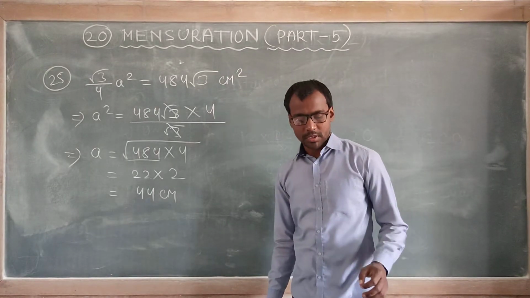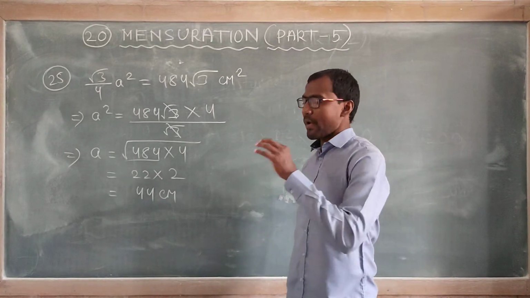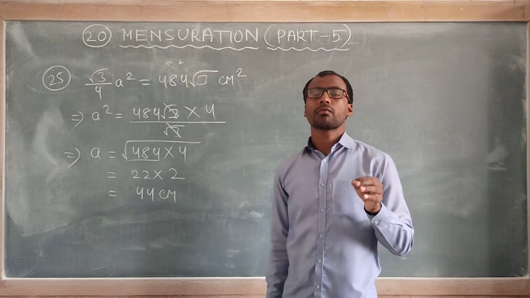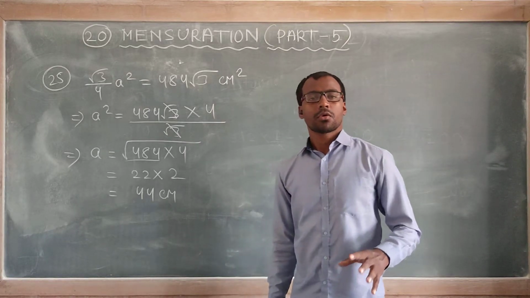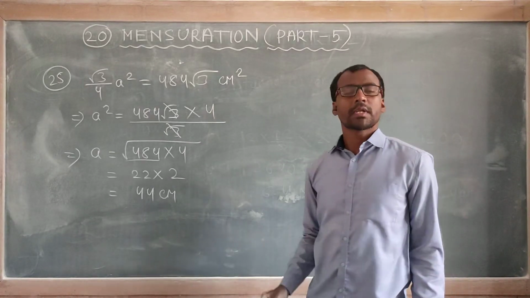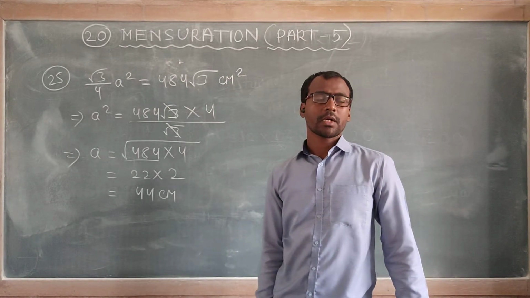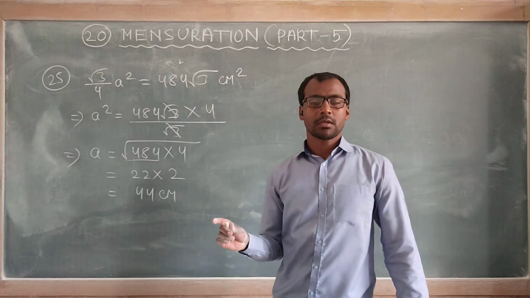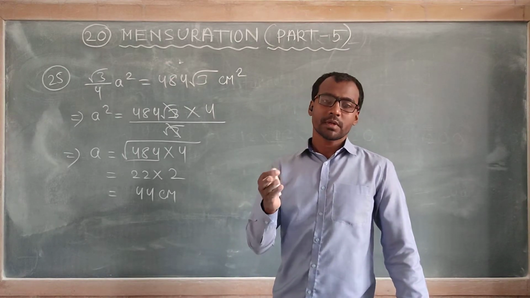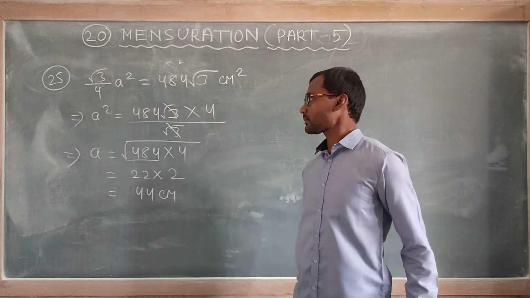And you might remember in wire problems, I had solved one or two wire problems in the previous parts of this chapter. I told that the length of the wire is very important. Once you get the length of the wire, you can get everything, because it will be the perimeter for every figure formed from that wire.